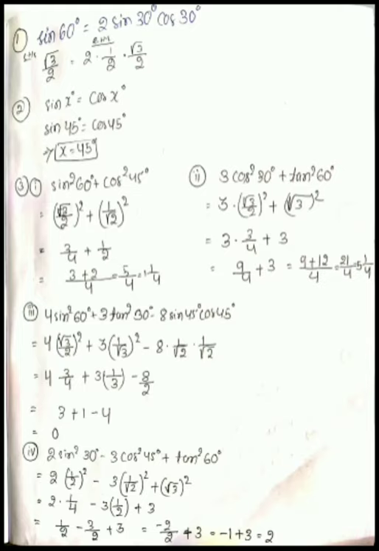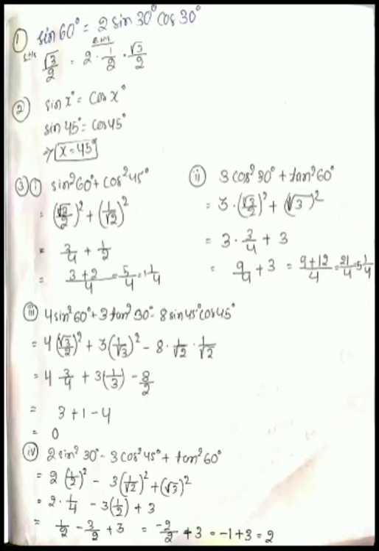So students, as I said, an online class, just try to do exercise 19C. Just see exercise 19C question number 1. Question number 1 is given, prove that sin 60 equal to 2 sin 30 into cos 30.